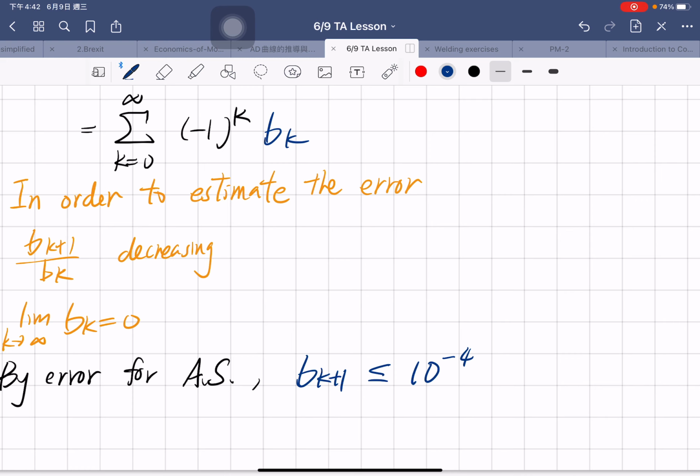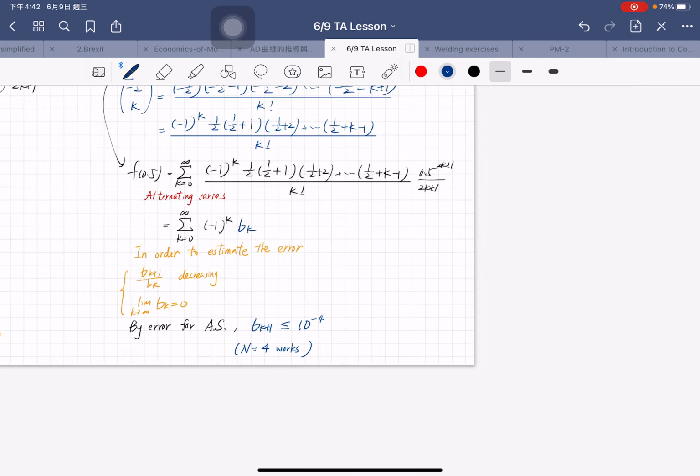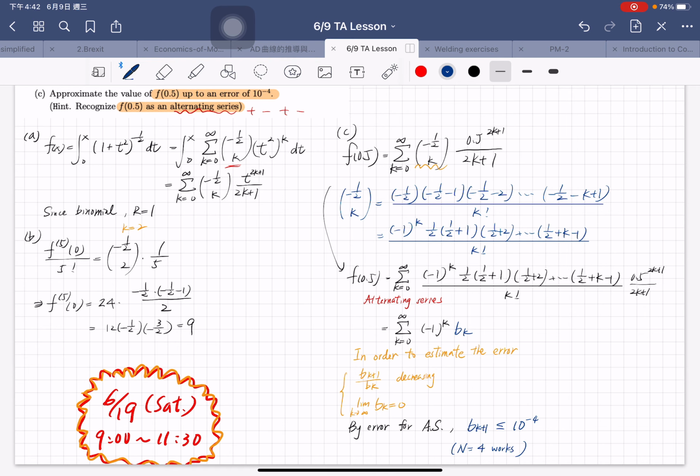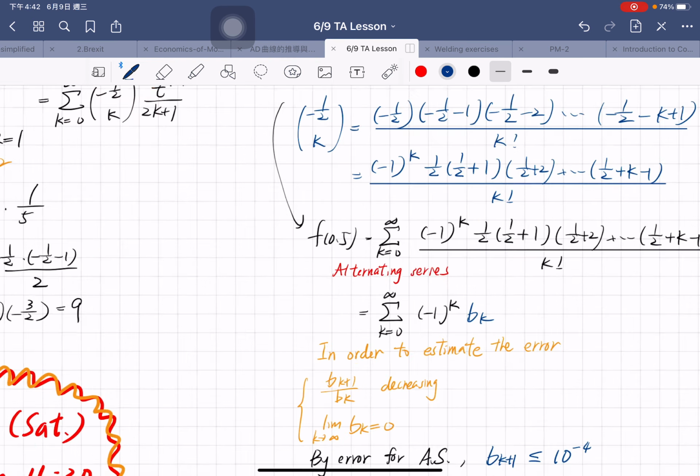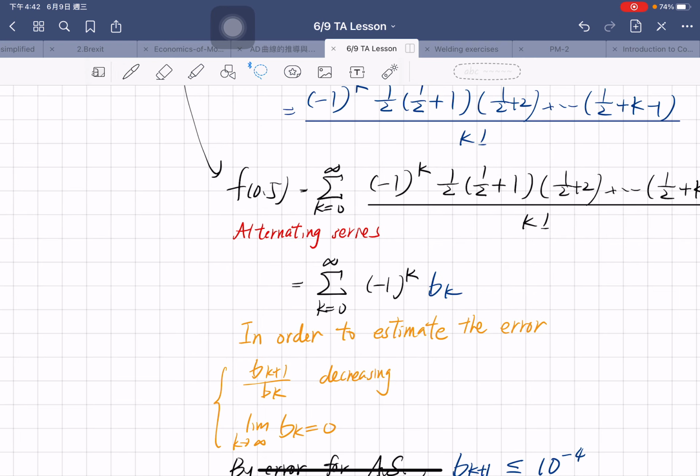Okay, and you can try some numbers and you know that n equal to 4 works. So this turns back to the concept of alternating series. You may check it out if you forget it.